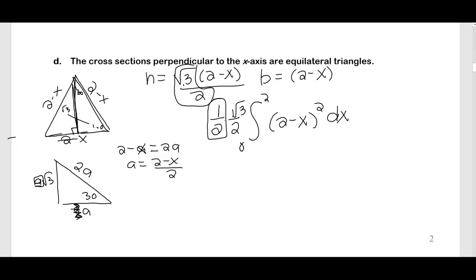Multiplication is commutative, so all constants can come out, because it's all just one singular number. Technically, this can become root 3 over 2. It's going to be the square root of 3 over 4 times the integral from 0 to 2 of 2 minus x squared dx.